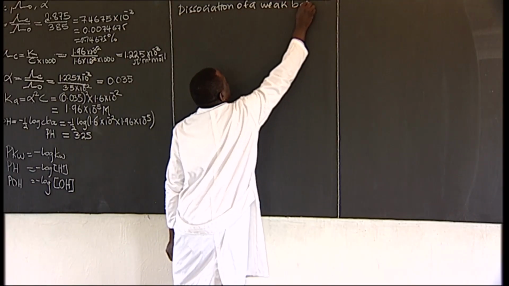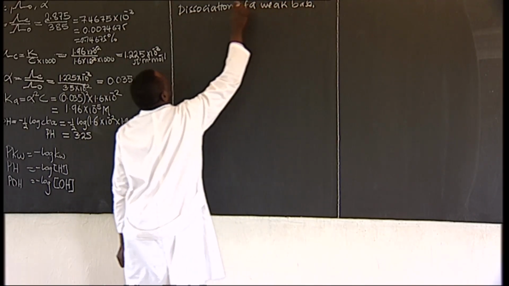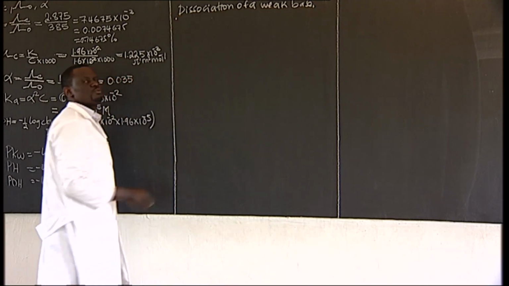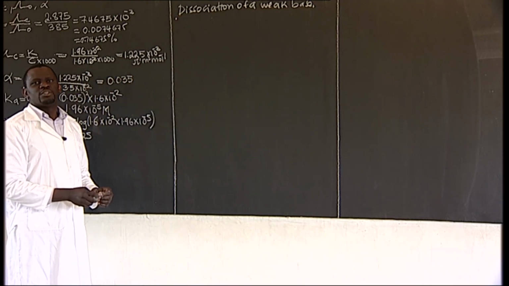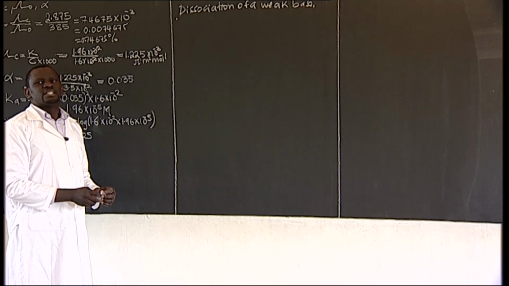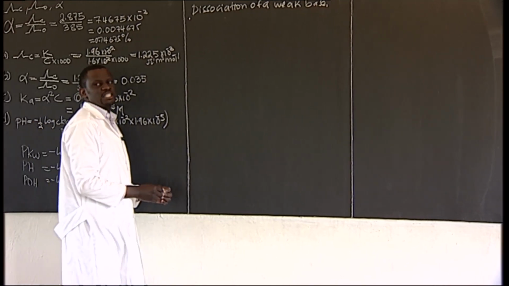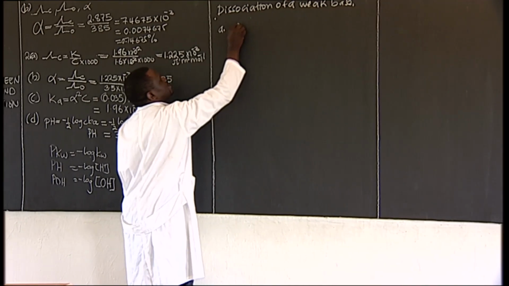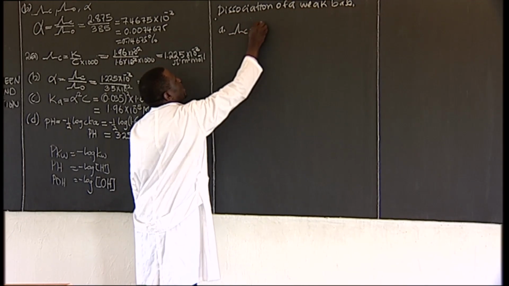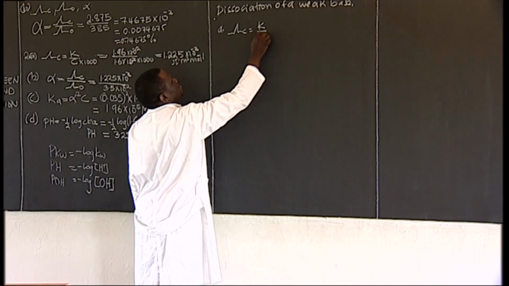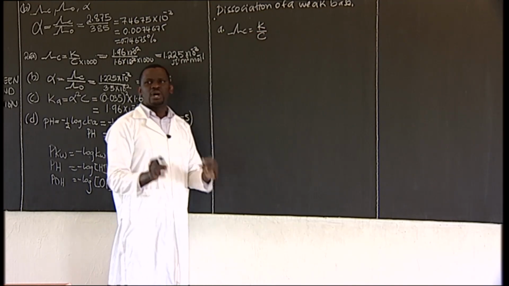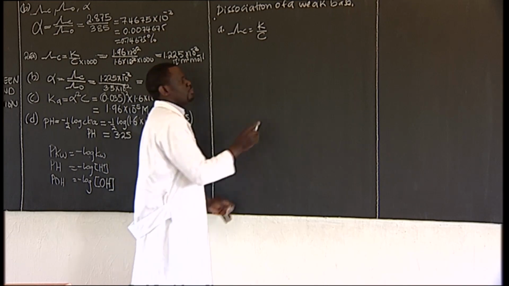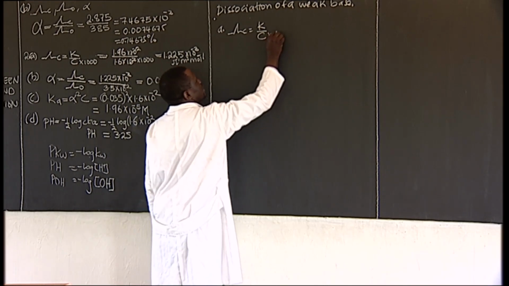And we are going to use OH because of the definition. So now we are going to say molar conductivity is equal to K over C. We look at the units, the units are in meters, so we are going to divide this one by 1,000.